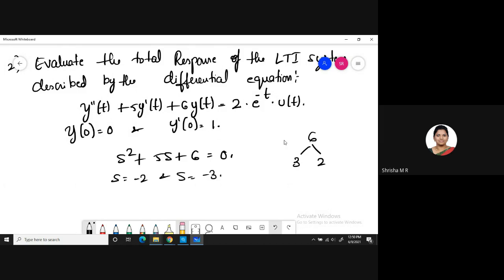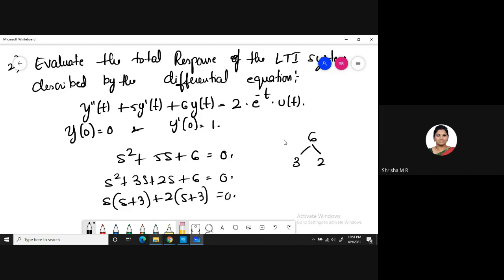Splitting the middle term, s square plus 3s plus 2s plus 6 equals 0. Taking s common, I get s plus 3. Taking 2 common, I get s plus 3.